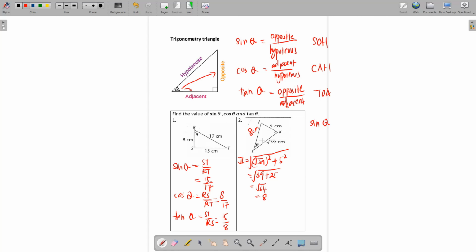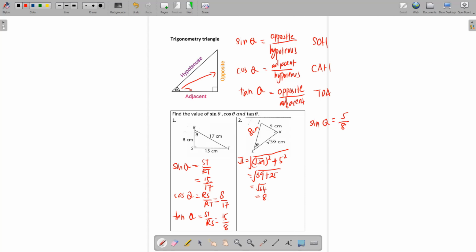So your sine theta here, opposite over hypotenuse. Your sine theta opposite is 5 centimeter, and then your hypotenuse is 8.